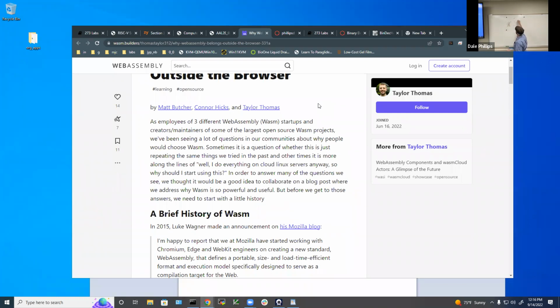This is the cloud. I'm running WASM wherever, doing whatever. Now, all I need is a browser somewhere. I don't need Windows. I don't need Mac. I don't need Linux. I just need a browser. That's it.